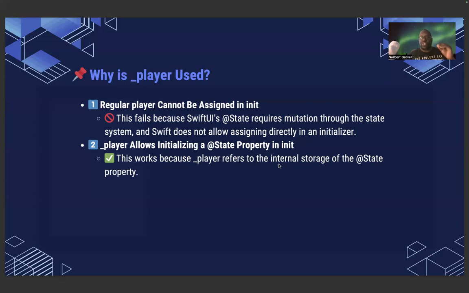So that means in the initializer, Swift will not allow you to directly initialize anything that uses the @State or @StateObject property wrappers. Underscore player allows initializing the @State property in the init. This works because underscore player refers to the internal storage of the @State property.